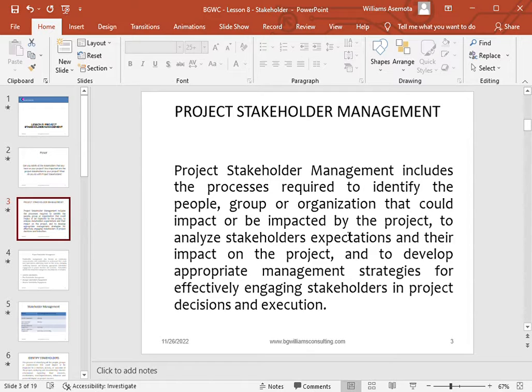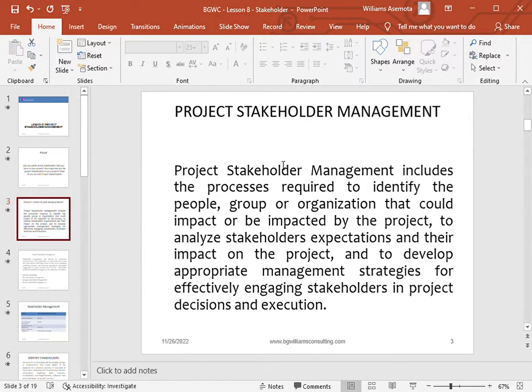Those people must be identified at the beginning while discussing the project. Why do we need to identify them? So that it will ease your planning on how to engage each of those stakeholders continuously in that project. That is the summary of project stakeholder management.